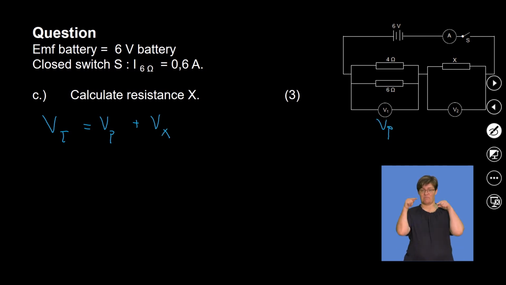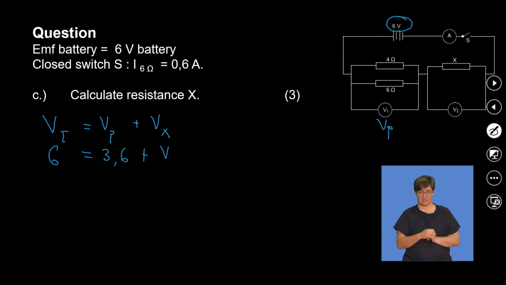So V1 is the voltage across the parallel combination of resistors. If the battery has negligible resistance, 6 volts is the terminal potential difference, which means 6 is equal to, we've calculated V parallel, which is 3.6, right? And then plus V across X, okay? So V across X will actually be 2.4 volts, right?